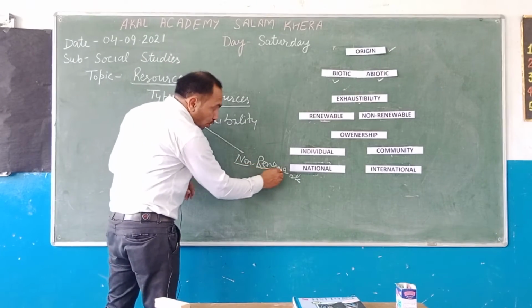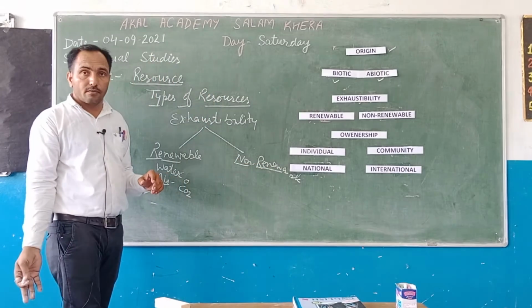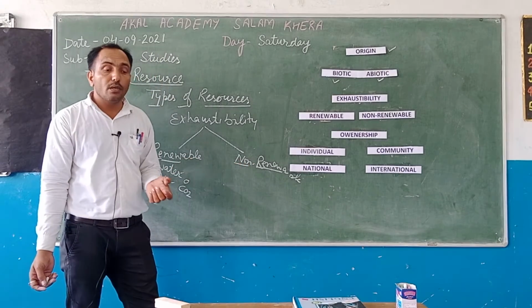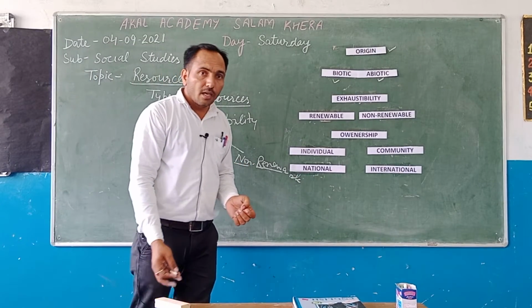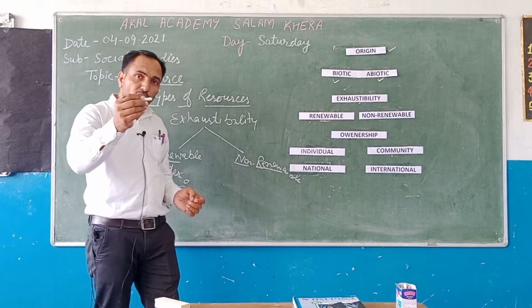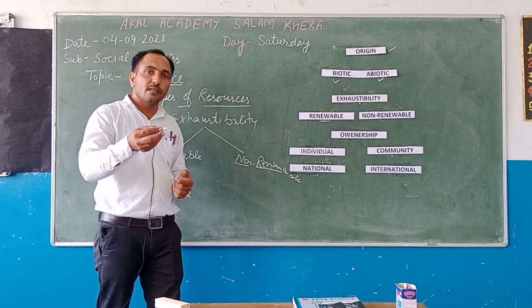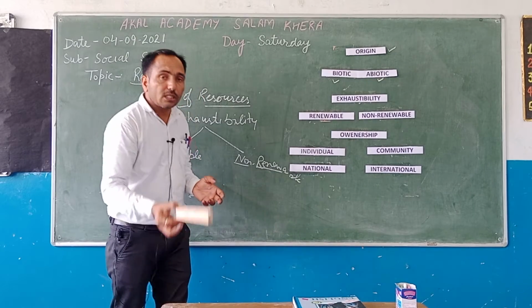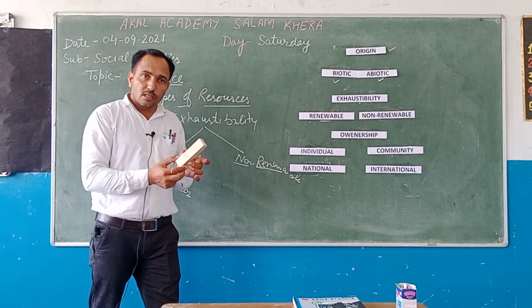Non-renewables are those which do not regenerate themselves. Those resources are counted under the non-renewable resources. I have this chalk. We have to collect chemicals and make this. We have these dusters.